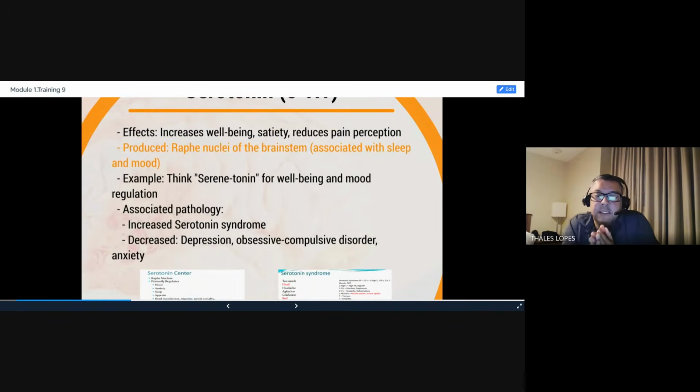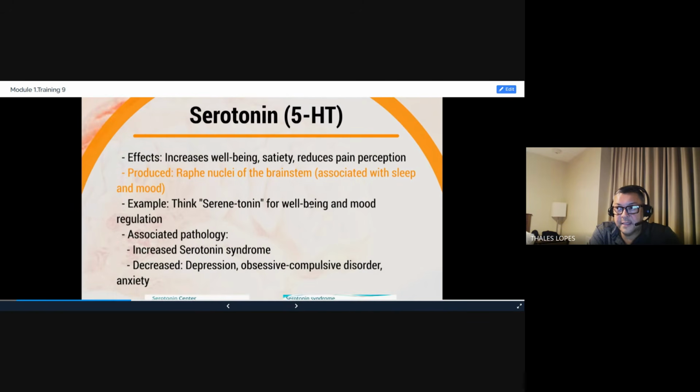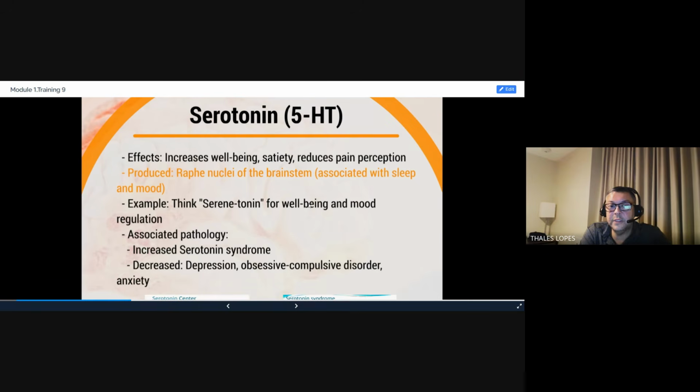So what serotonin does is increase well-being, satiety, being fulfilled when you just had a good meal, and reduce the pain receptor. This is why SSRIs reduce pain. Some medications are SSRIs, and they could reduce pain. It has a lot to do with serotonin.